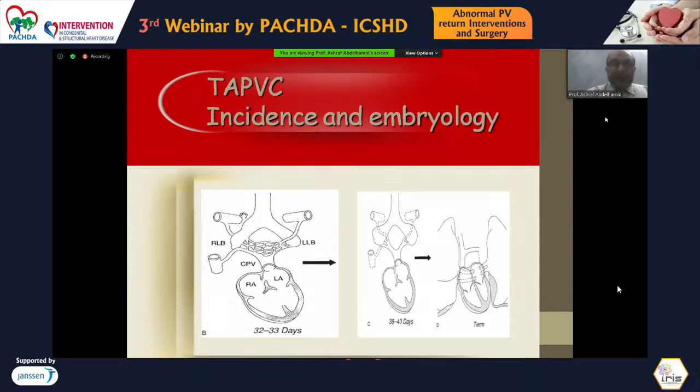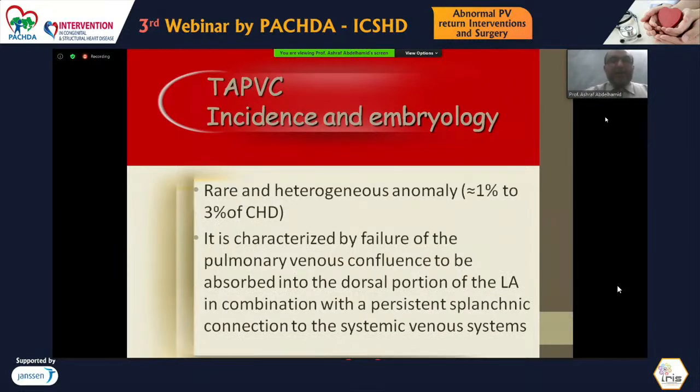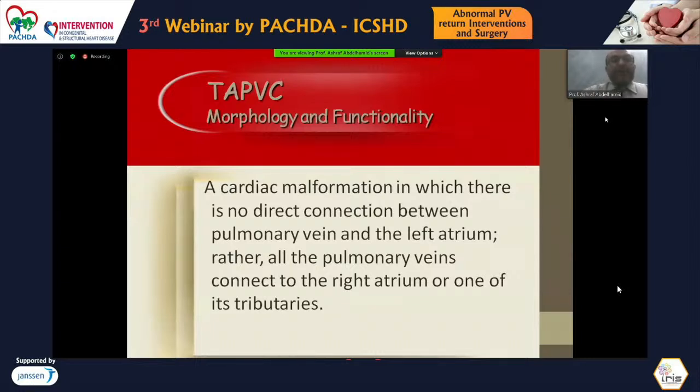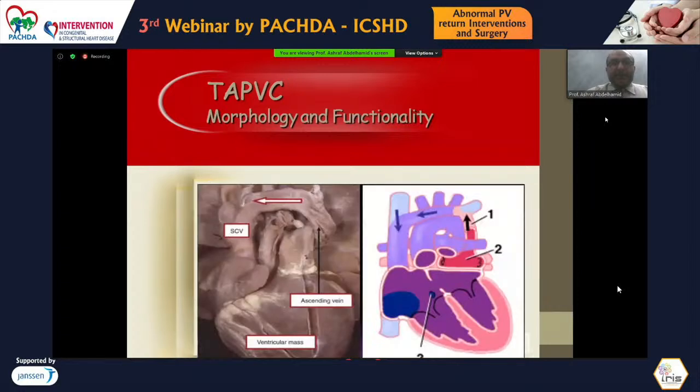This is a rare and heterogeneous anomaly characterized by failure of the absorption of the pulmonary venous confluence into the dorsal portion of the left atrium, in combination with persistence of splanchnic connection to the systemic venous system. It's a cardiac malformation in which there is no direct connection between the pulmonary veins and the left atrium. Rarely, all the pulmonary veins connect to the right atrium or one of its tributaries.